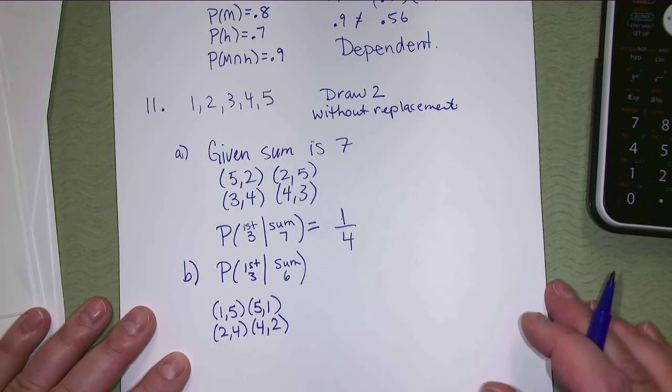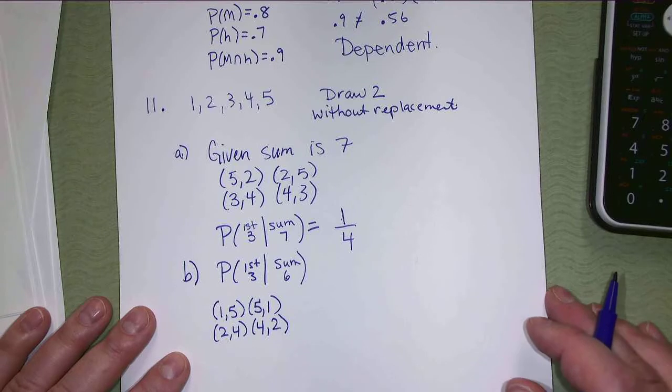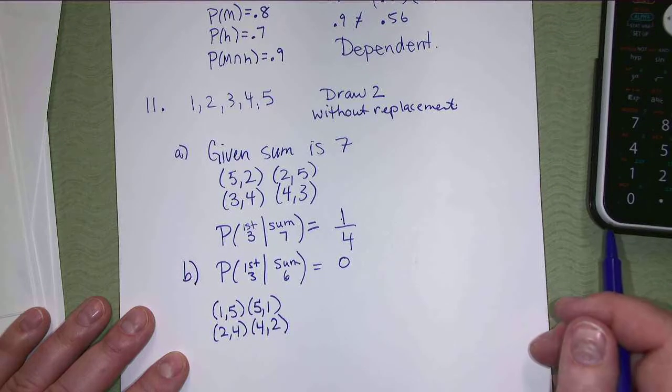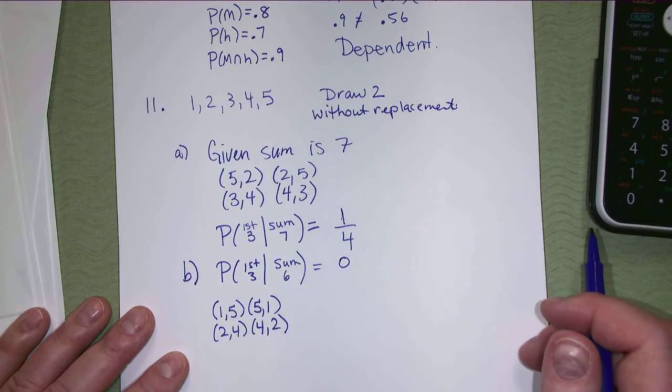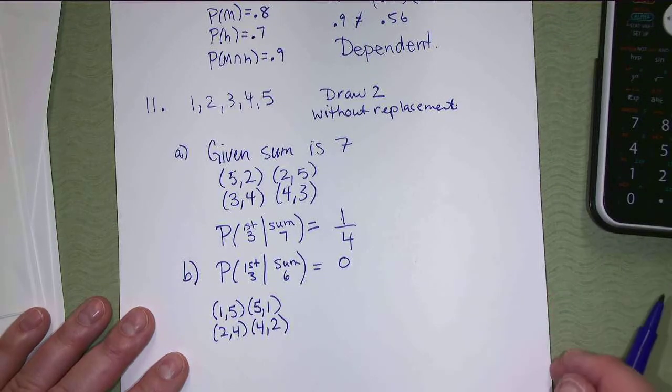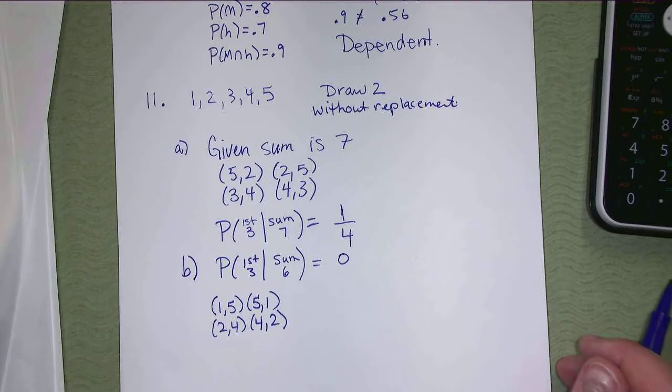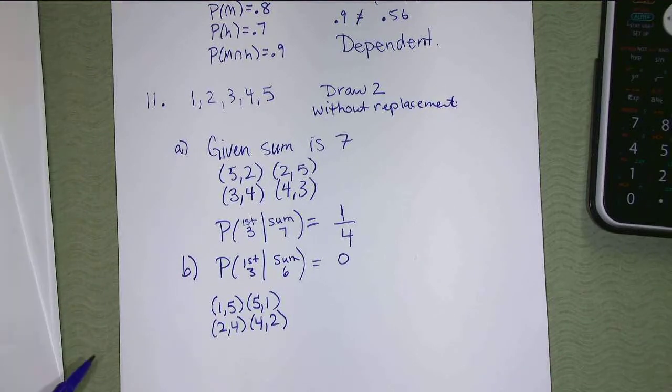So if it was with replacement, you'd be able to do it. So what's the answer? 0. There's none. If you know that the sum is 6, then there's no chance that you had a 3 as the first number. That's the impossible event.